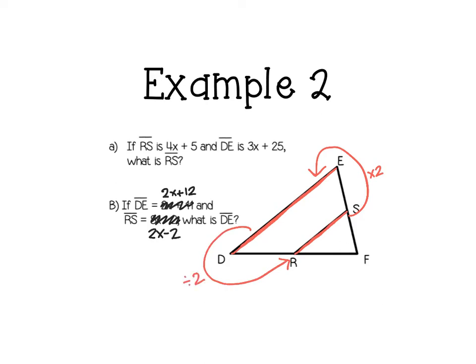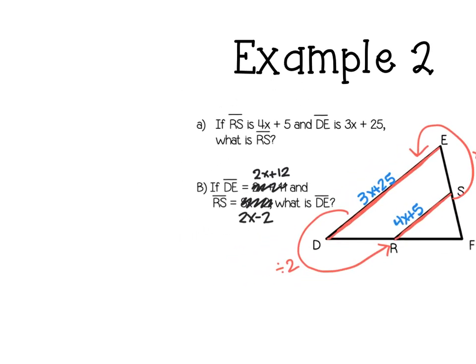So let's set up this problem and see if we can solve. Let's look at A. If RS is 4x plus 5 and DE is 3x plus 25, it wants me to solve for RS. I know that 2 of RS has to equal DE. So 2 times 4x plus 5 has to equal 3x plus 25.